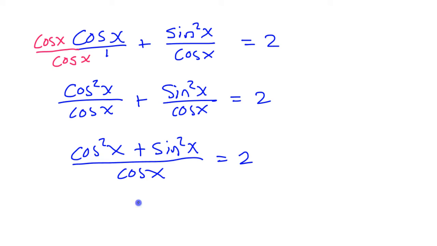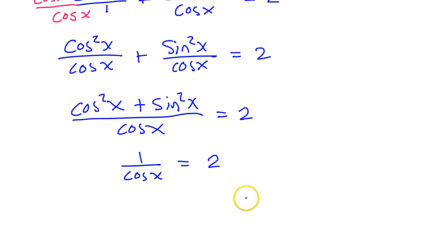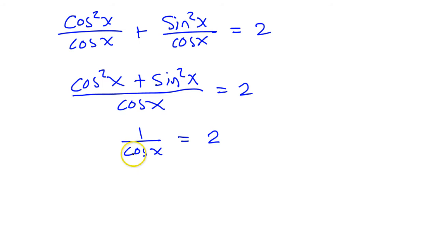So this all becomes 1 over cosine x is equal to 2. Great. So now I have it down to being just a single trig function. Now I'm going to do the reciprocal of both sides. So the cosine of x is going to equal 1/2. Just did the reciprocal of both sides.